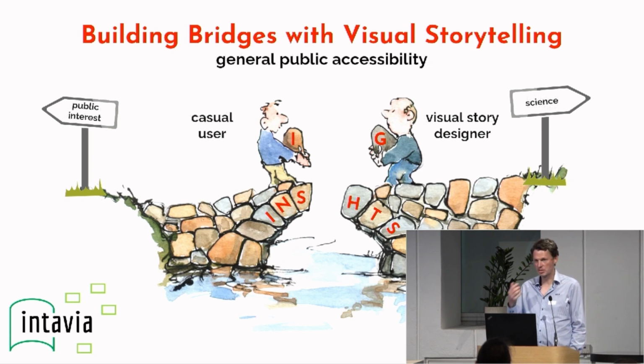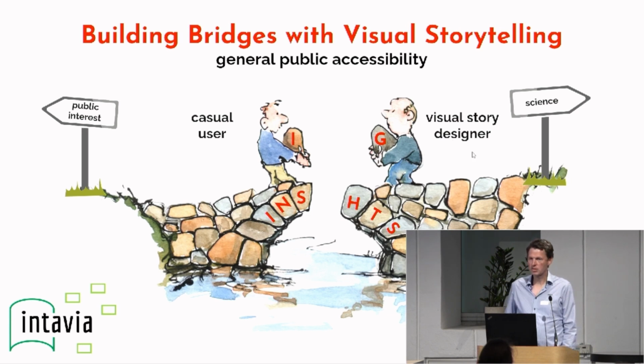Now, when we talk about storytelling, it goes a little bit further in my point of view. We design tools that work for domain experts, so that they can get information. We have seen that in Stefan's project, Damast. I would assume if I gave the tool to a general public user, they would not get anything out of it, although there is very interesting information derivable with the tool.